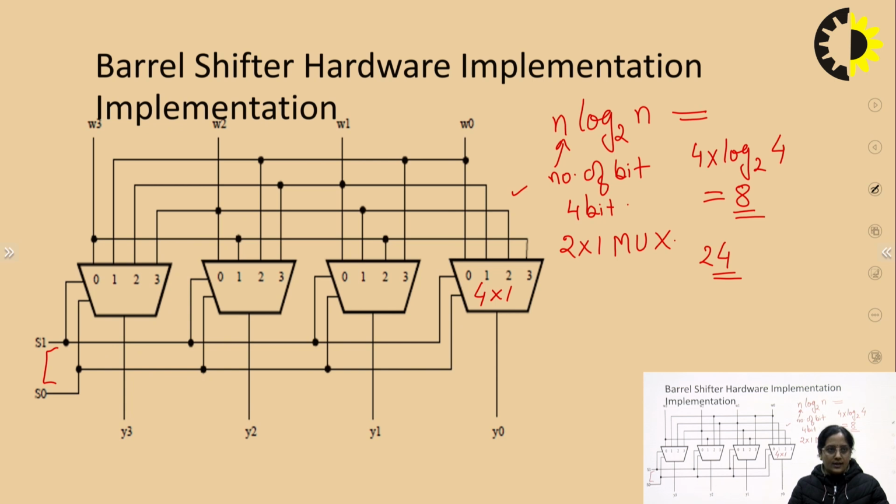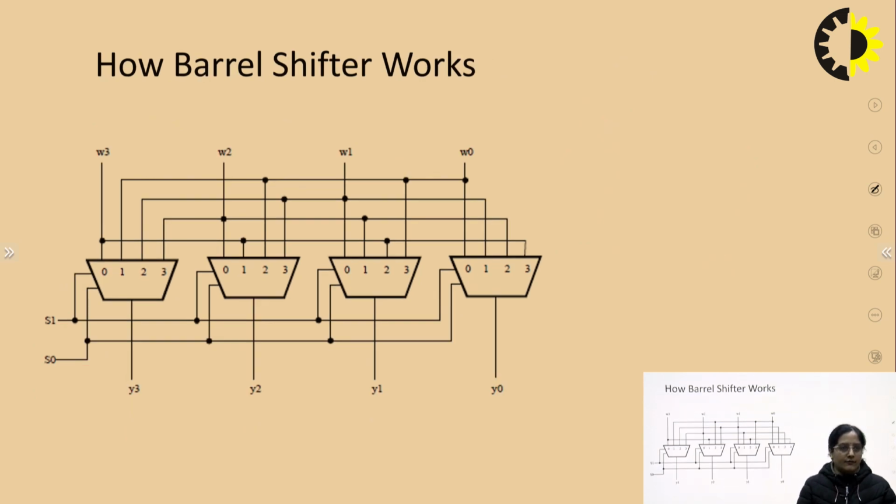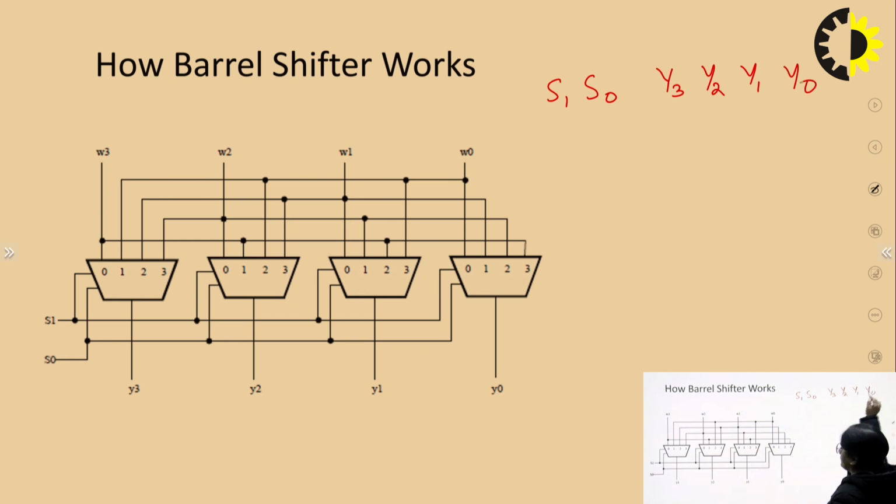Let's take an example and demonstrate from this circuit how the barrel shifter works for a rotate right operation. Here we take S1 and S0, the outputs are Y3, Y2, Y1 and Y0, and our inputs are W3, W2, W1 and W0.